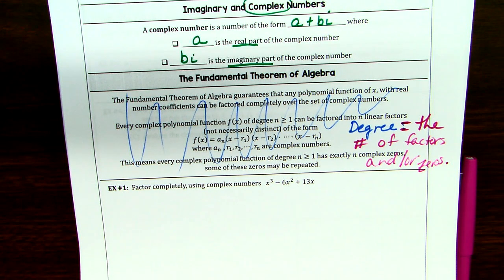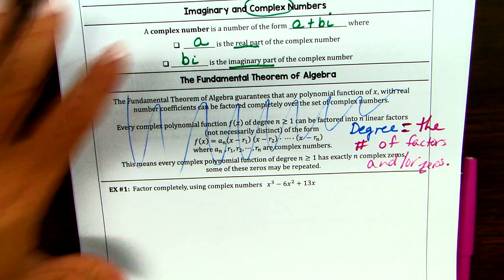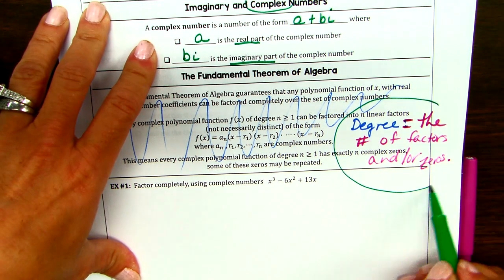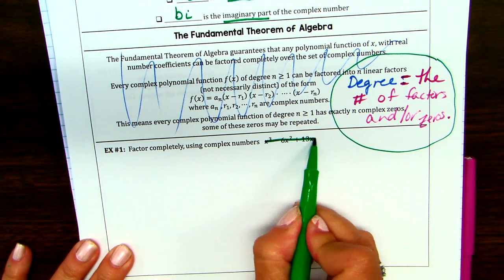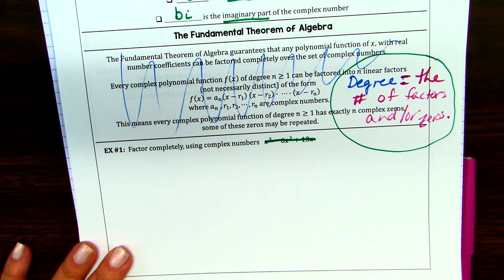So the degree will give us the number of factors and number of zeros. So however many factors we have, the same number of zeros. Remember, zeros are just our x-intercepts. Roots is another word, solutions, x values, lots and lots of words for the same thing. So I'm going to remind you of this in a minute. This is something that is going to come up again and again, so I just wanted us to have that little fact written there. Okay, cross that out. We're changing this.